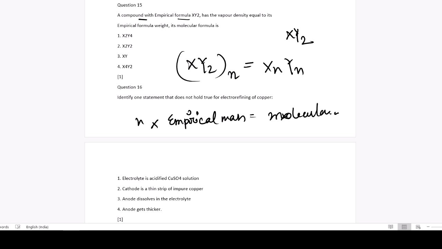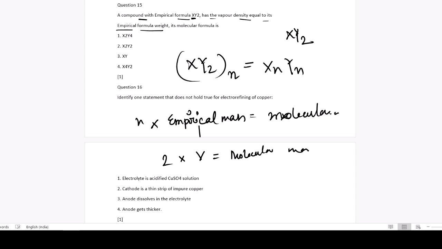Here it is told the compound with empirical formula XY2 has the vapor density equal to its empirical formula weight. So if the empirical formula weight is V and the vapor density is also V, then if we multiply V by 2, we will get the molecular mass.